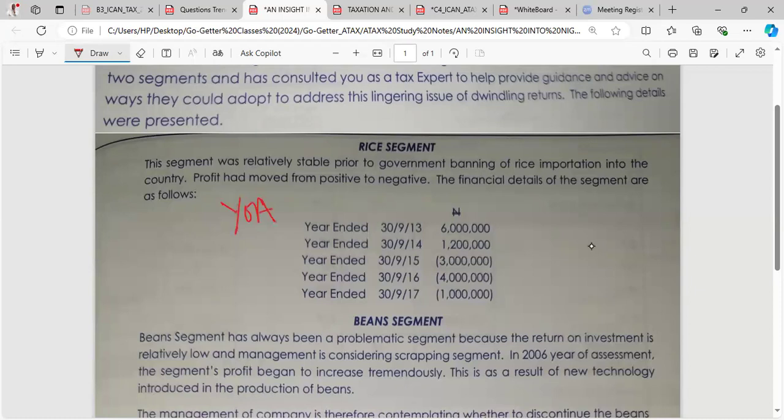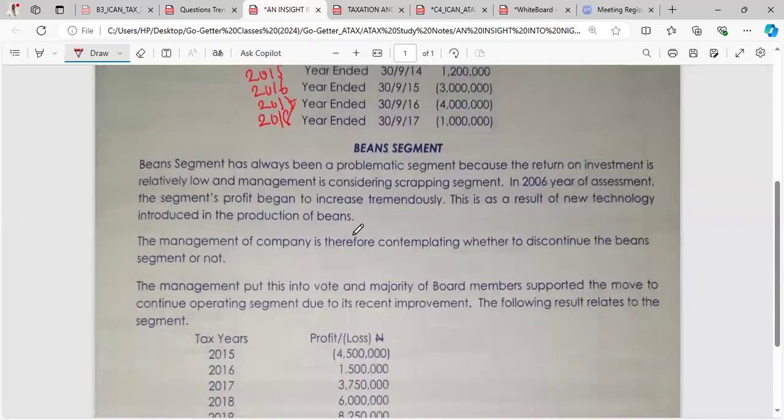So this is ending in 2013. So this should be 2014, 2015, 2016, 2017, and 2018. Wow.